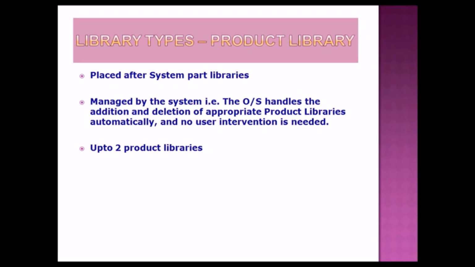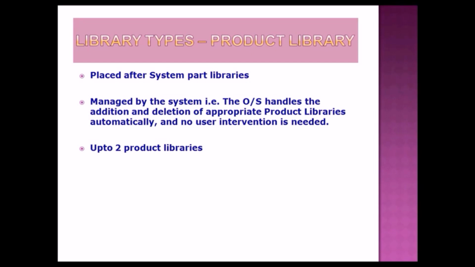Consider an example. Suppose the user requested the compilation of an RPG program. Then the library containing the necessary translator program, that is QRPG, is inserted into the library list as a product library during the compile process and is removed once the process is complete.